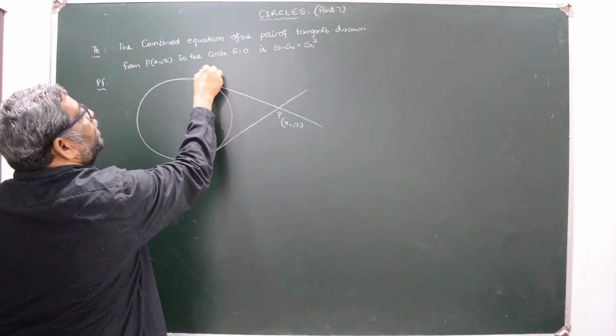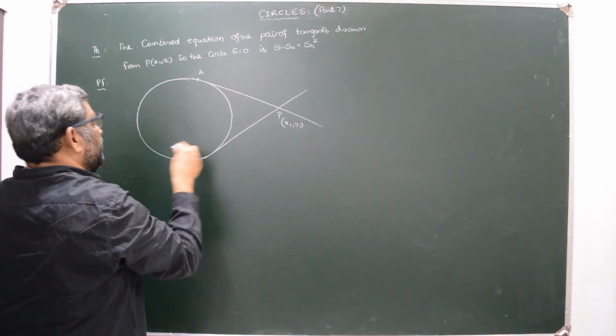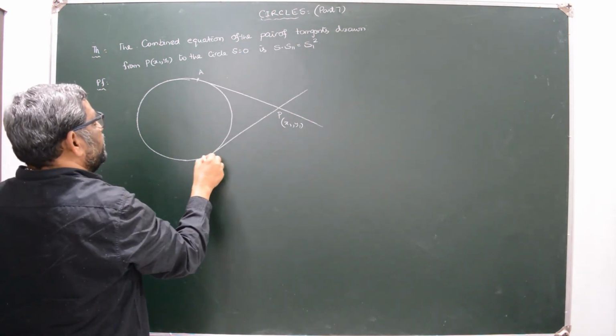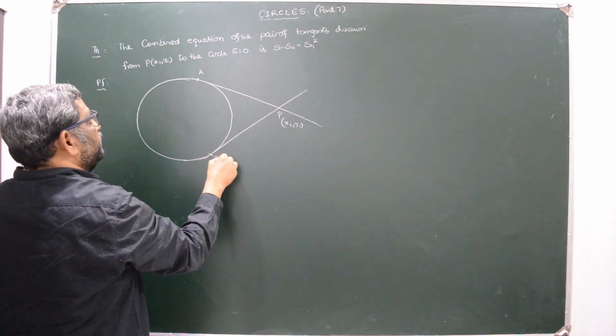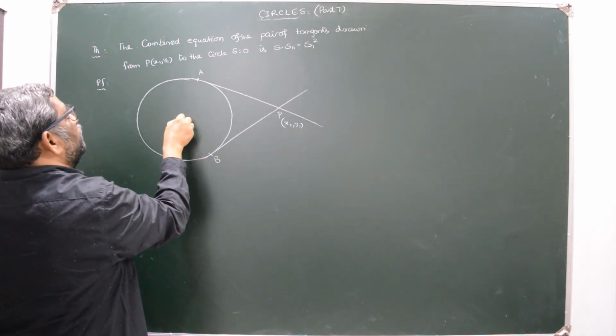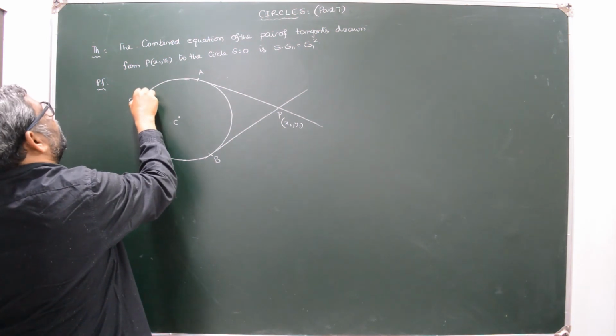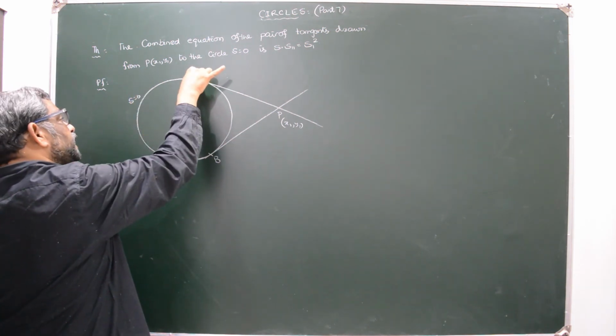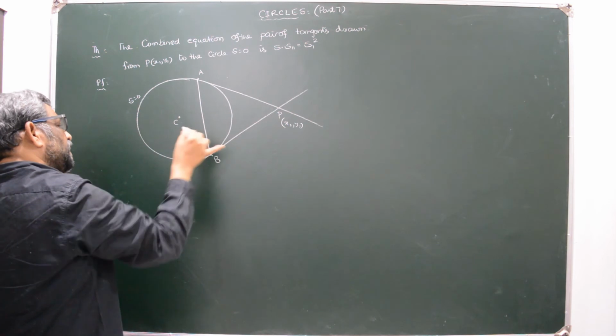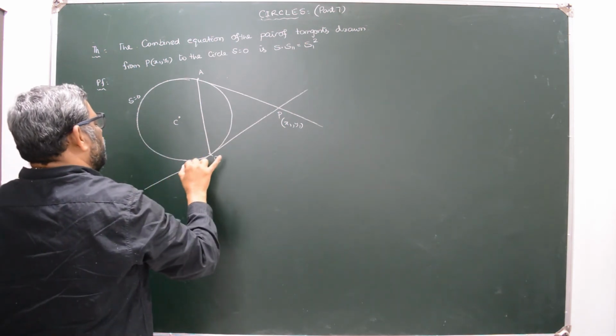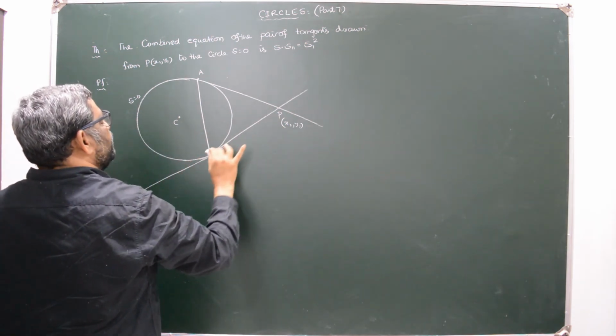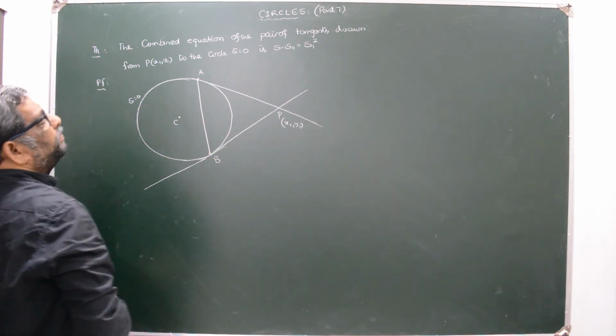Let a tangent drawn from P be meeting the circle at A and another tangent be meeting at B. Let C be the center. This is S equal to 0. You join AB. AB is the chord of contact whose equation is S1 equal to 0.